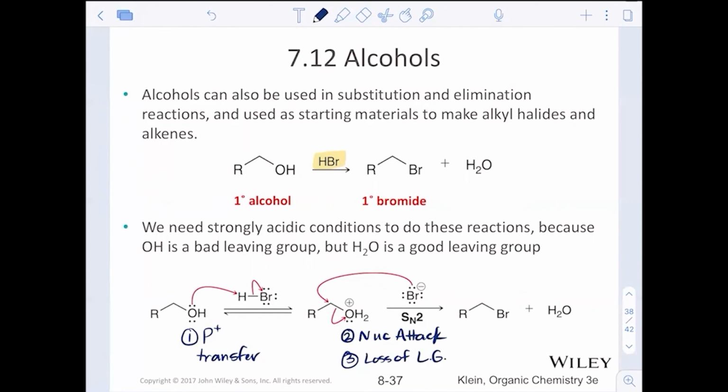Now, what's important to note is that a primary alcohol, where the alpha carbon is a primary, will undergo this reaction with SN2 conditions. If you have a secondary or a tertiary, you will undergo SN1 conditions. Carbocation intermediate, loss of leaving group happens first, and then you will have your nuke attack.